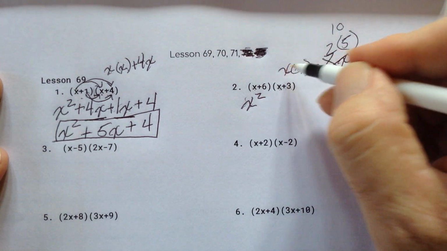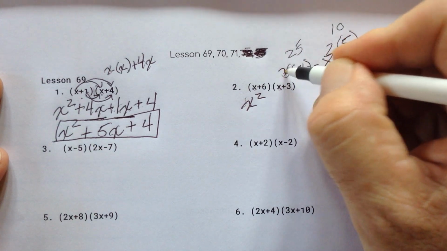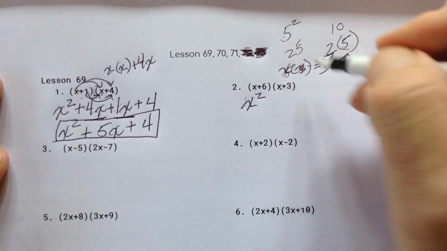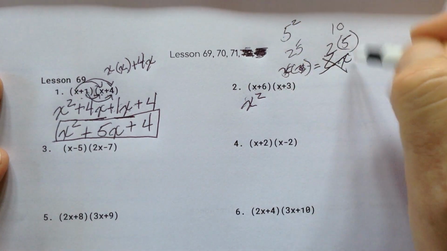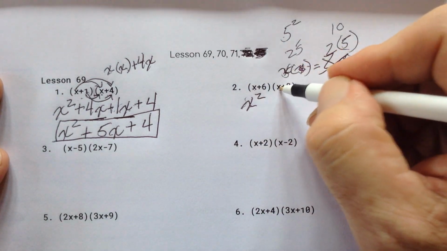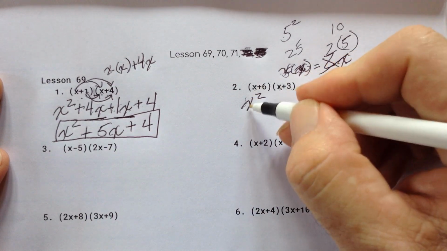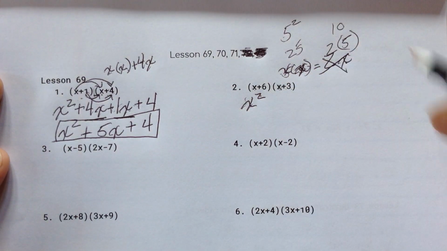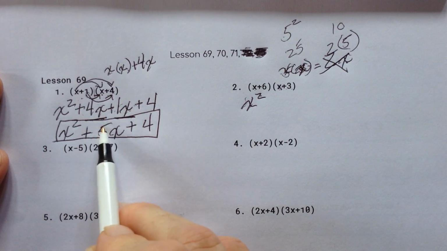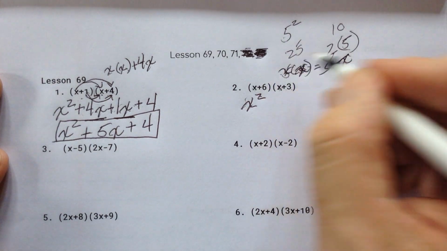If I had 5 times 5, that would be 25. That would be 5 and 5, or 5 squared. So this is a mistake that people usually will do. No, you're multiplying x times x, that'll be x squared. When you're adding the like terms, then you just add the numbers in front. But be careful with that.